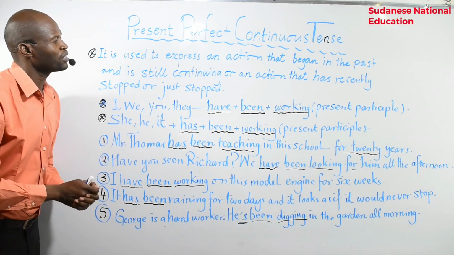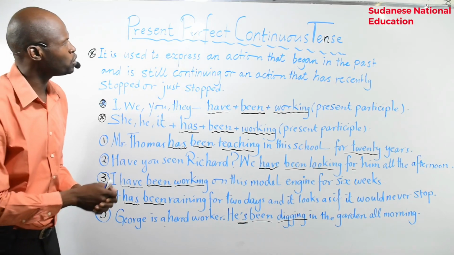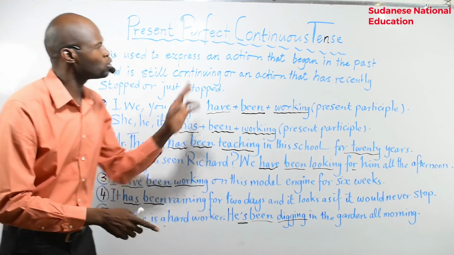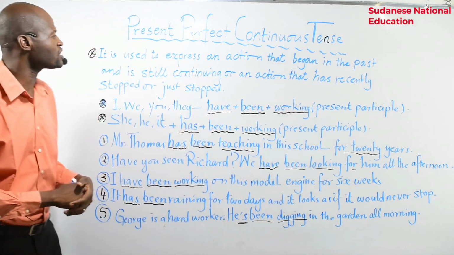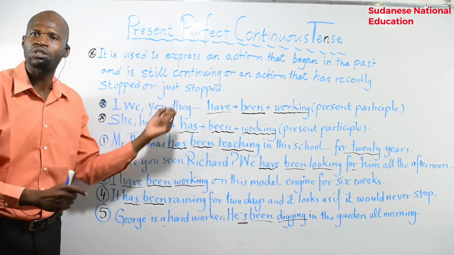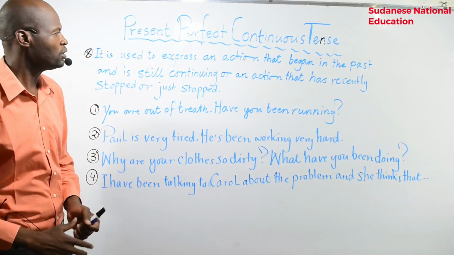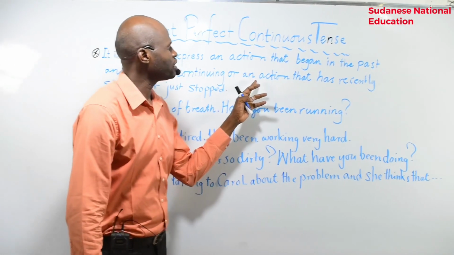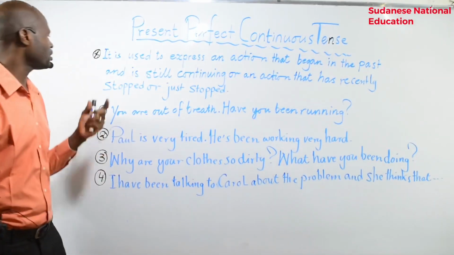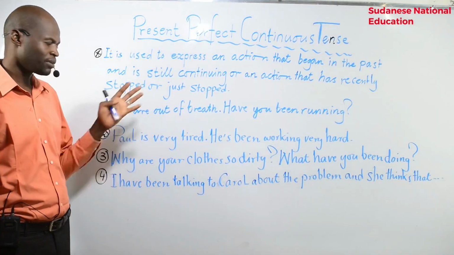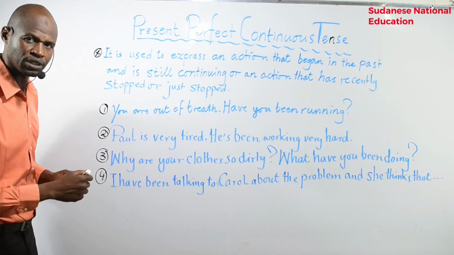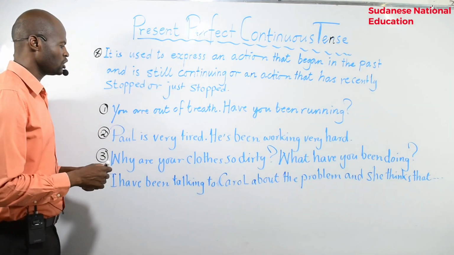And we'll see the second situation in which we use present perfect continuous, to show an action that has recently stopped or just stopped. Let's see here we have some sentences to show this situation.